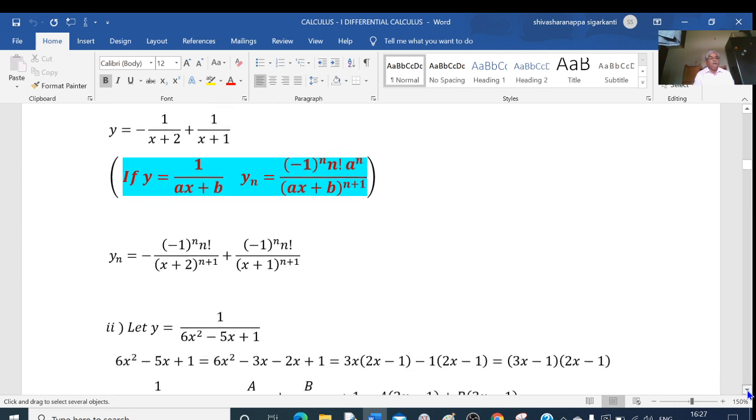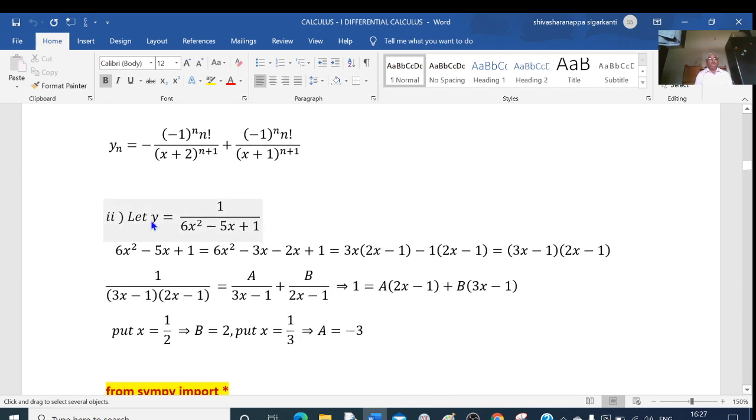Next example, y equal to 1 over 6x square minus 5x plus 1. First what we do is we factorize this and then we resolve it into partial fractions. 6x square minus 5x plus 1 can be written as 6x square minus 3x minus 2x plus 1.